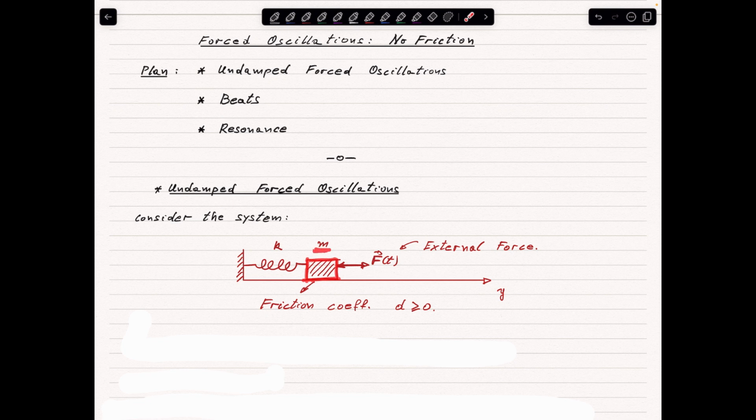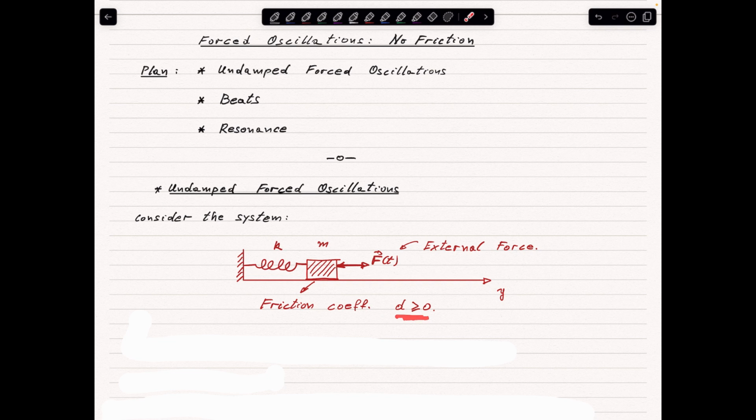We also keep m arbitrary, and in general there is a friction between the object and the floor, and the friction coefficient, let's call it d. d is always bigger or equal to 0.